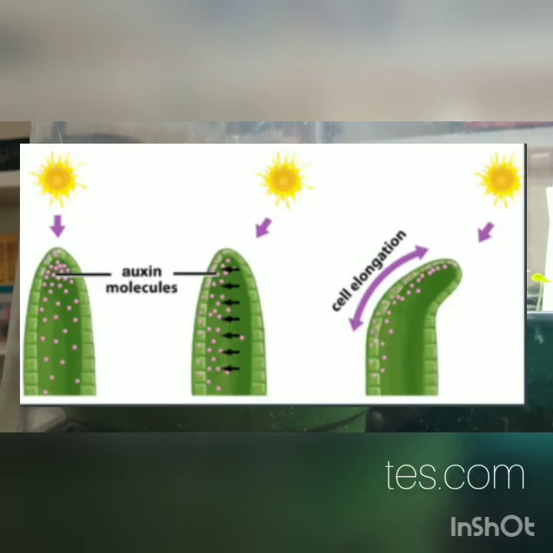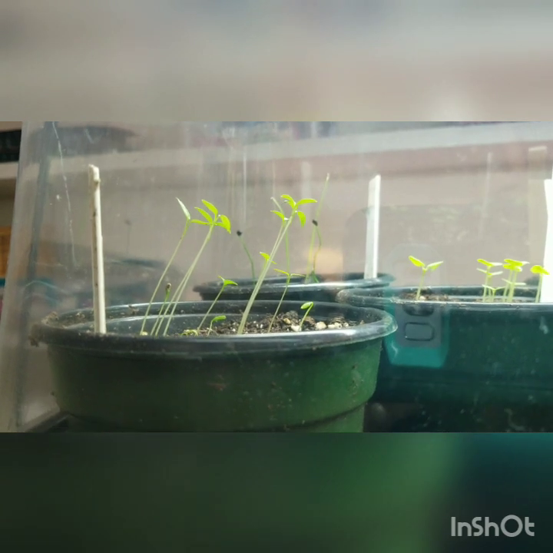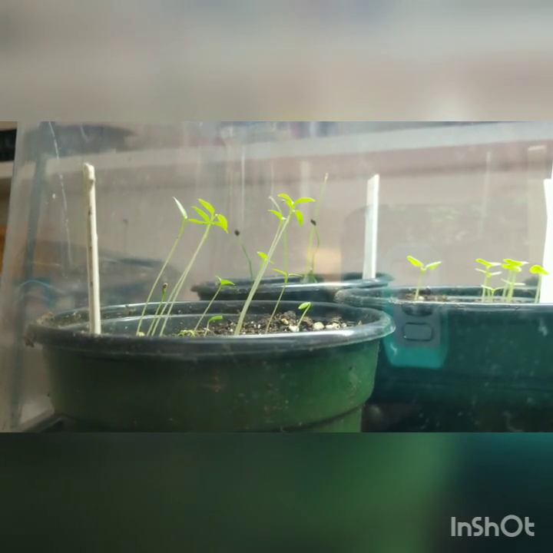So if we were looking at this microscopically, more plant cells would be growing on the left side of these parsley plants than on the right side, which is causing them to look as though they are leaning towards that light.